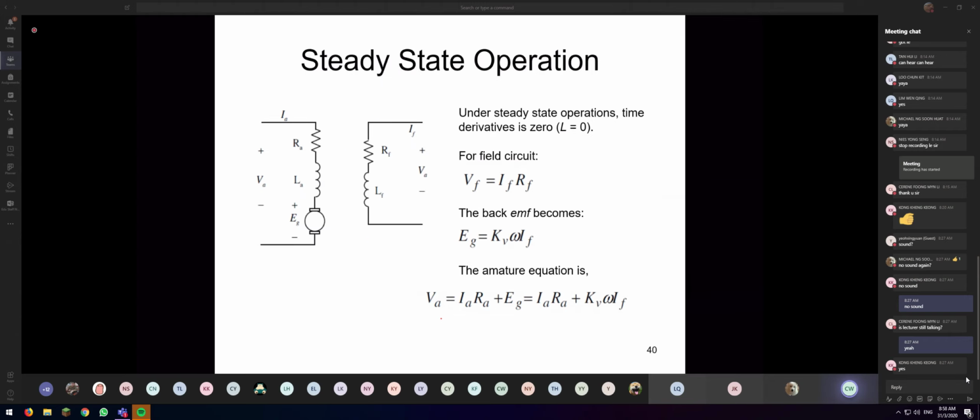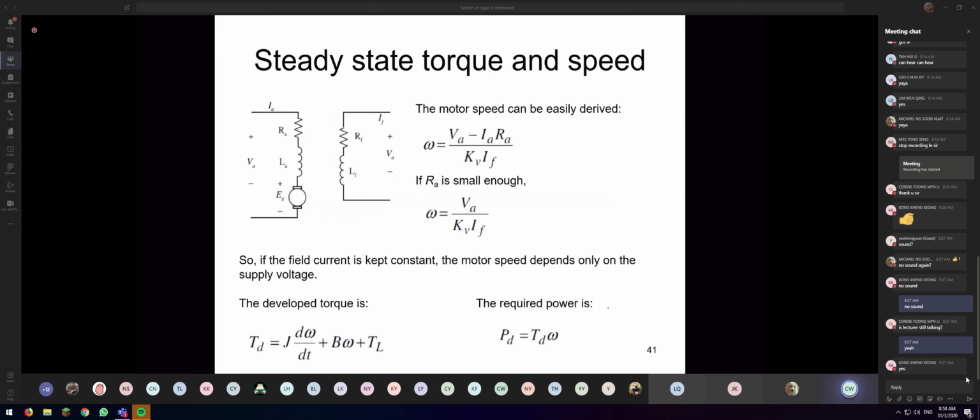At the steady state, your terminal voltage, the armature voltage, is equal to IaRa from this formula, plus the back EMF, EG. EG is equal to K IF and omega. So by this, we will get the formula used to represent the speed control of your separately excited DC motor.